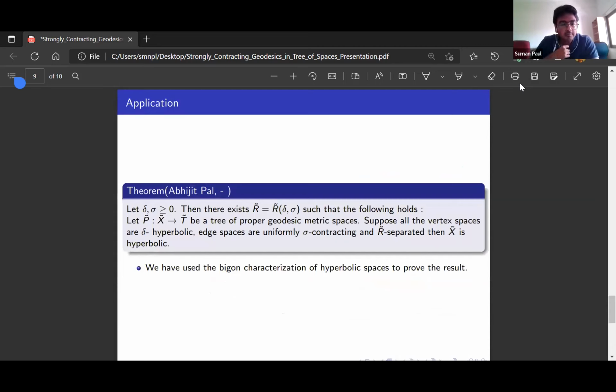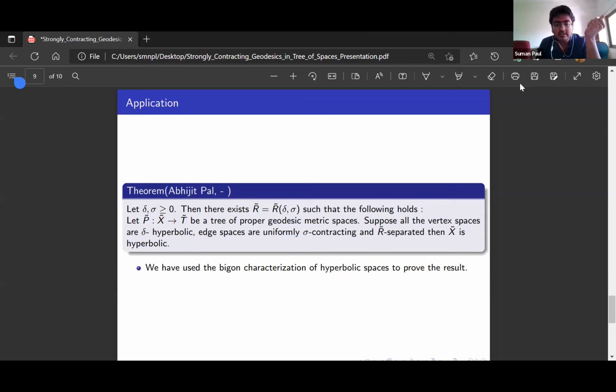And another application we found, which is very interesting, is that if I take X tilde to be a tree of delta-hyperbolic metric spaces, where all the vertex spaces are delta-hyperbolic and edge spaces are uniformly sigma-contracting and R-tilde separated, then the whole tree of spaces will be hyperbolic.